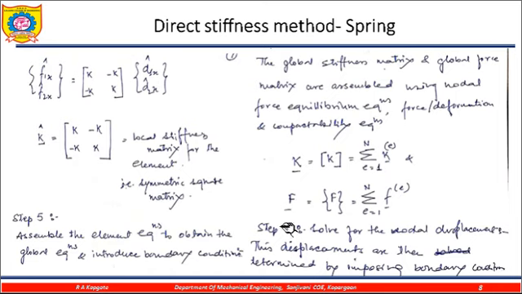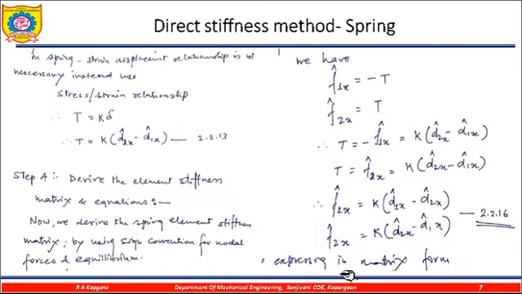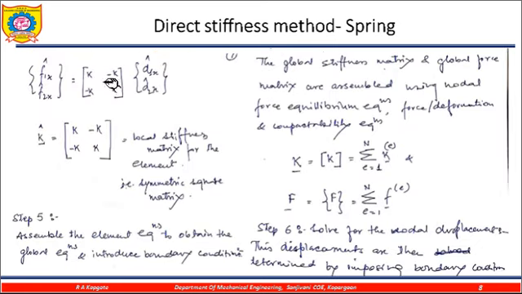So F1x and F2x are equal to k times [1, −1; −1, 1] multiplied by d1x and d2x. The coefficient of d1x is k in the first equation and minus k in the second, and the coefficient of d2x is minus k in the first and plus k in the second.